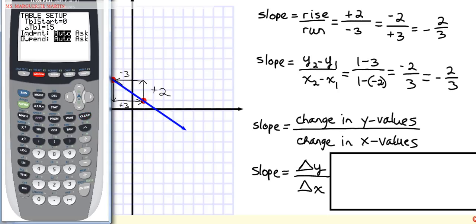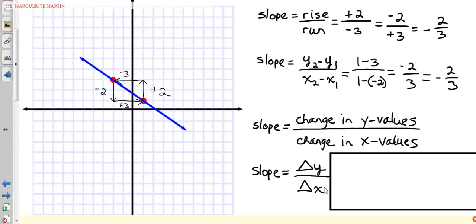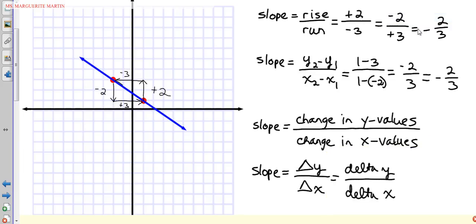We have delta table. That delta there means change in our variable. Here, delta y means change in the y values over change in the x values. Or this can be written delta y over delta x. In calculus a lot, you'll see dy over dx.